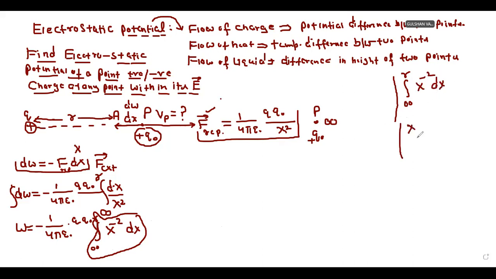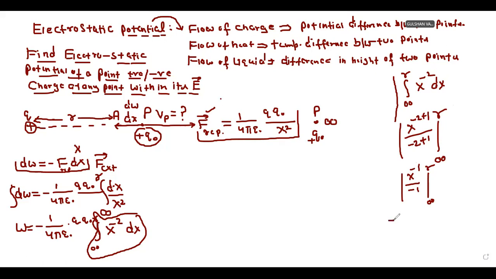In the integration the power is incremented by 1, so x raised to the power minus 2 plus 1, and in the denominator we write the same power minus 2 plus 1, within the limit infinity to R. So it becomes x raised to the power minus 1 divided by minus 1, within the limit infinity to R.